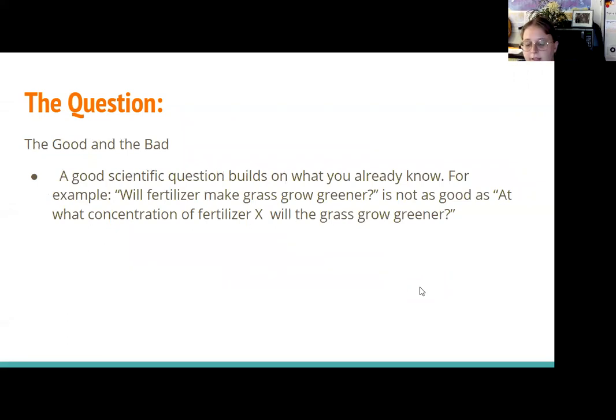Another thing that happens when you write your question, it needs to build on what you already know. So if there's a topic that you already know a lot about, don't make your question something that you already know the answer to. You can have an educated guess of what's going to happen in the experiment, but it needs to build on what you already know.